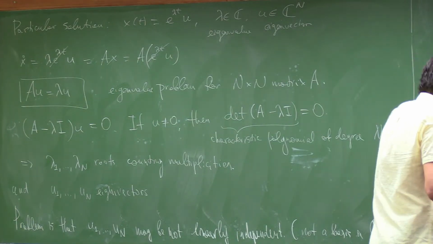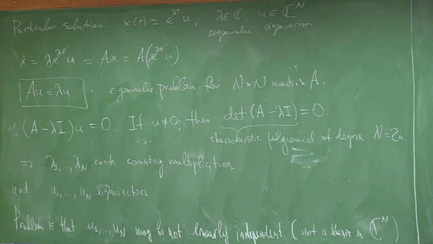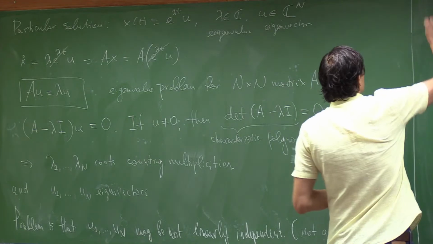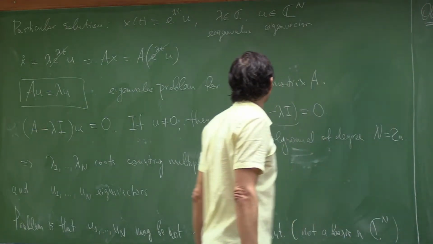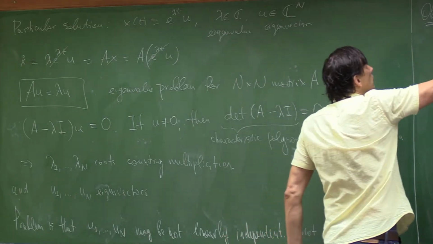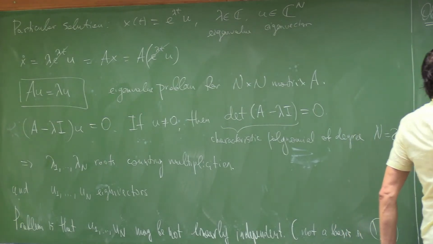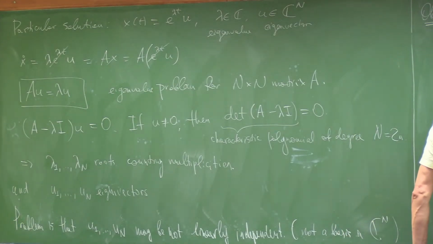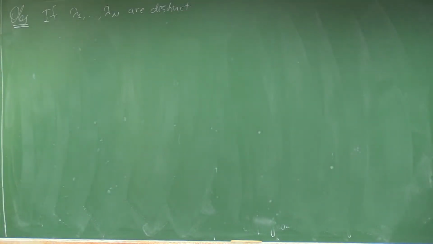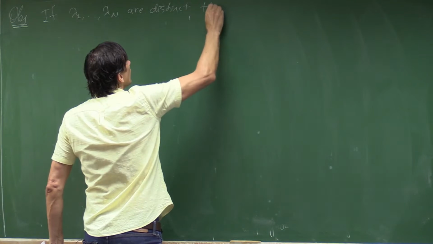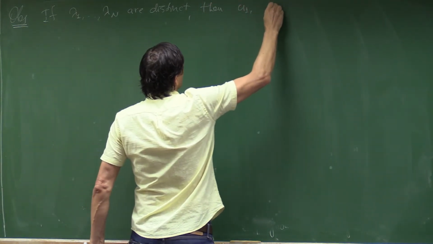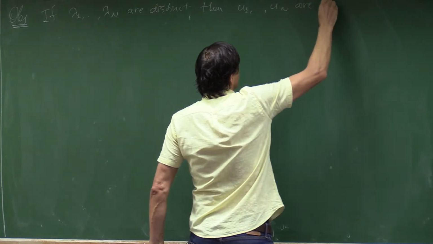The first useful observation is that if all eigenvalues are distinct, so all of them are different, then the eigenvectors are linearly independent. So everything is all right.